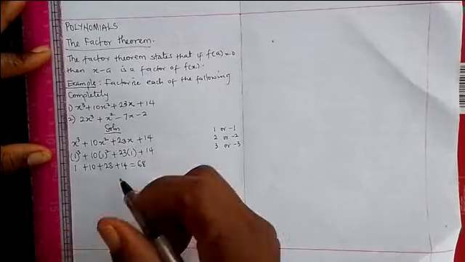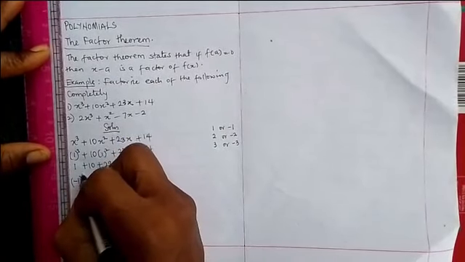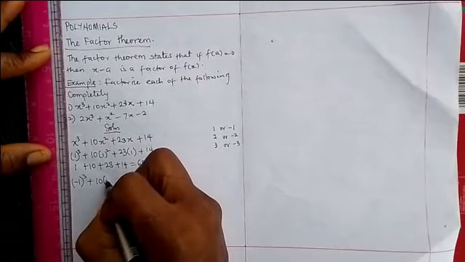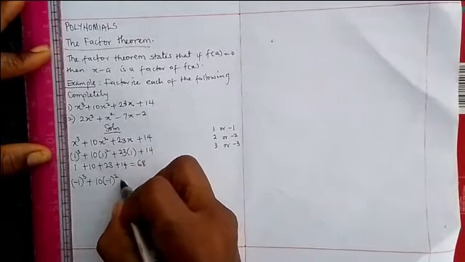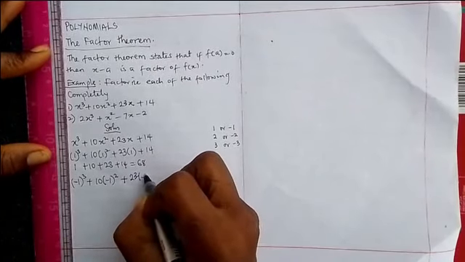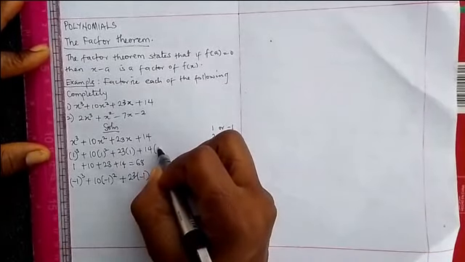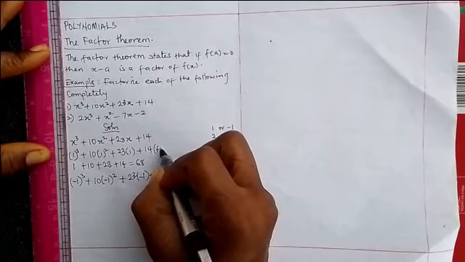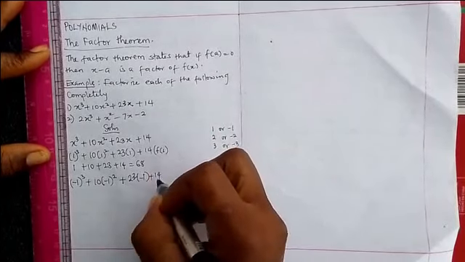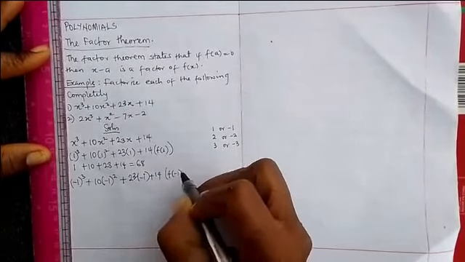Okay, so now let's replace it with minus 1, to see if our answer will give us what we are looking for. Minus 1 raised to the power of 3 plus 10 times minus 1 raised to the power of 2 plus 23 times minus 1 plus 14. This one is when we replace f of 1. Then this one is when we replace f of minus 1.